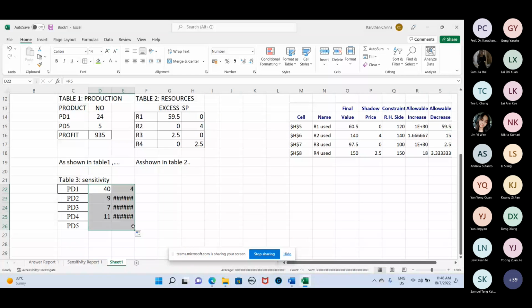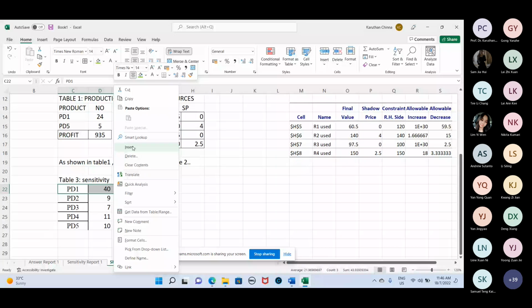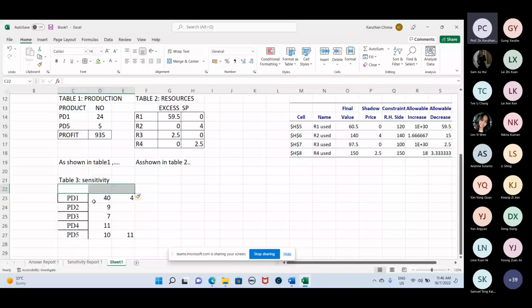All right. So that's the sensitivity, table 3. So this is a product. This is price increase. This is price decrease.